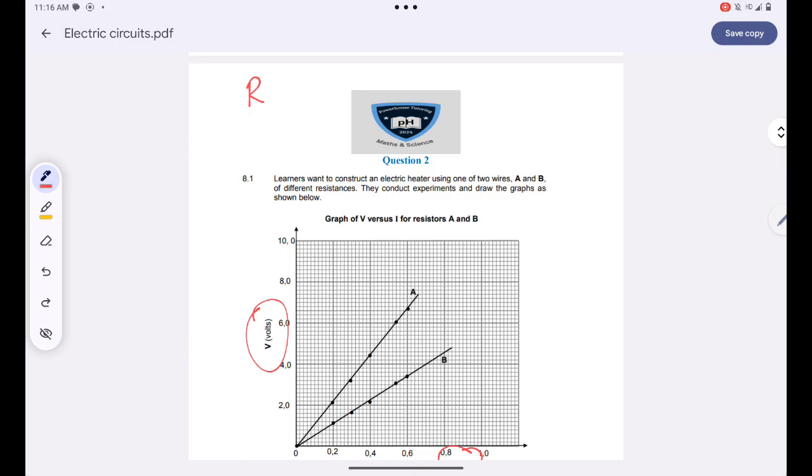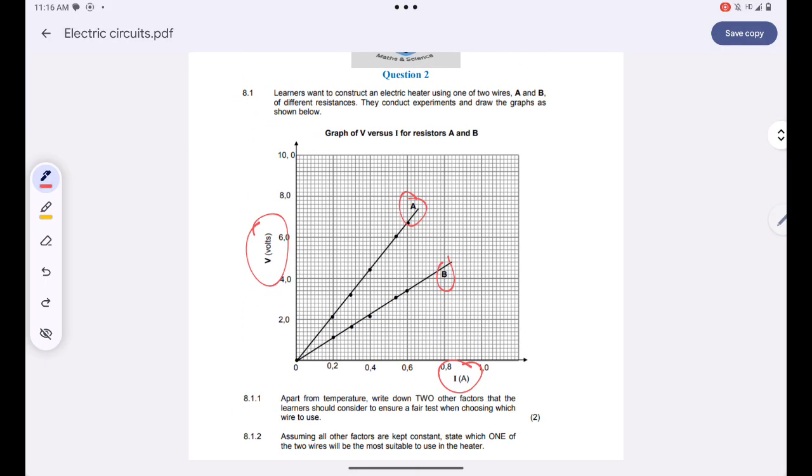After finding the resistance of the two wires, we need to check which of the two will give us more power. Remember that power is equal to I squared multiplied by R. So whichever wire gives us a greater power than the other will be suitable for our experiment.